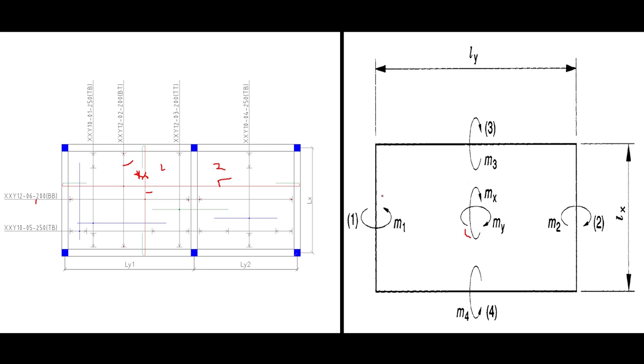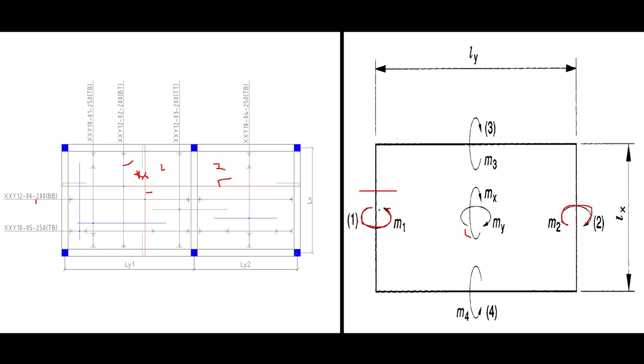So along the short span of the slab, you have reinforcement along the X, and you also have reinforcement along the Y. But if you look at this end, you only have reinforcement along the Y, which is M1. Then at this end here, you only have reinforcement along the Y as well, which is M2.